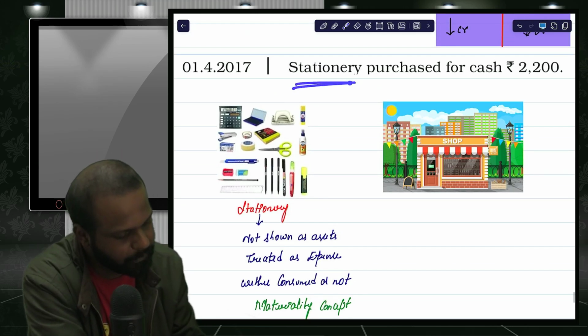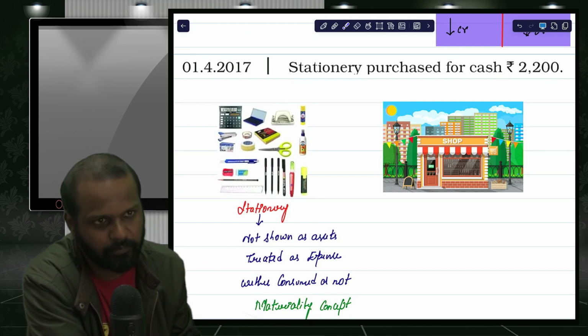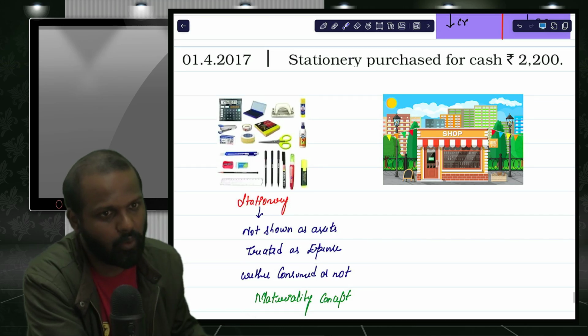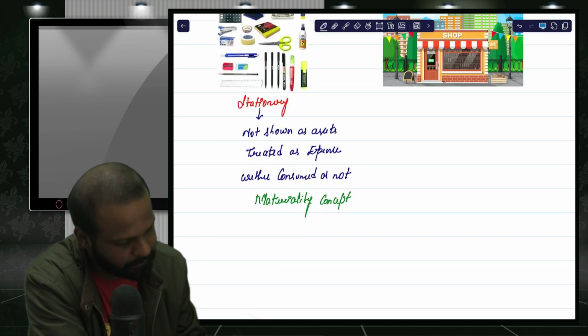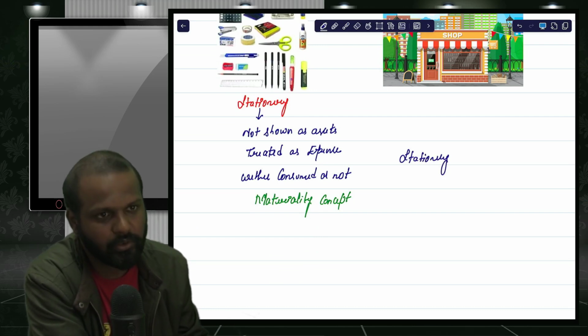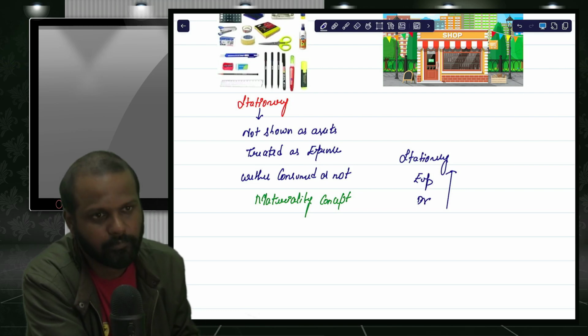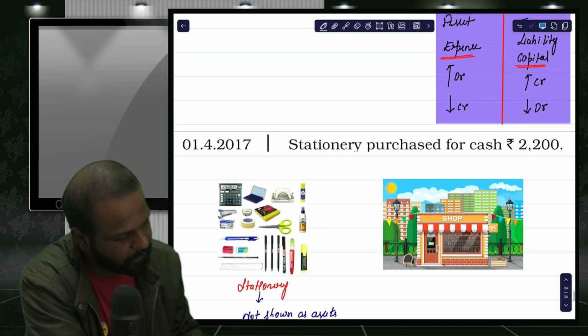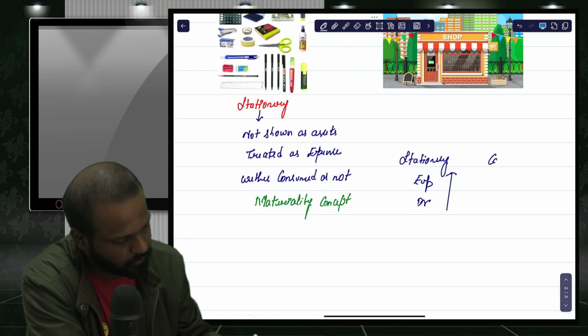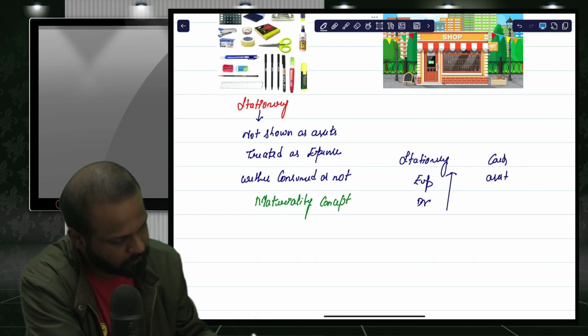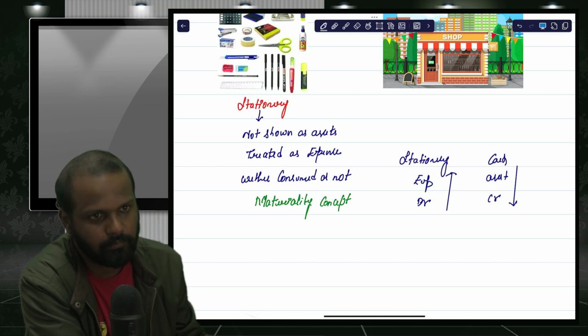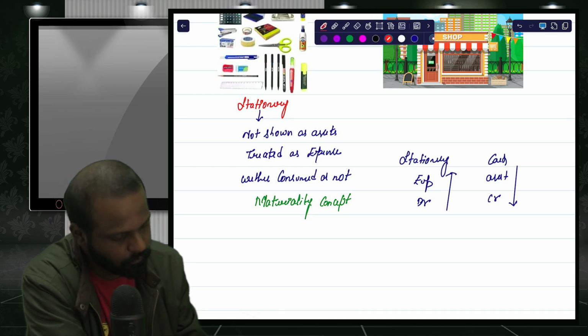So stationery purchased for cash, rupees 2,200. Stationery you need to record as an expense. First you record the expense in the name called stationery. So stationery account debit or stationery expense account debit. To create an expense, we do debit. And you purchased by paying cash. So cash is an asset. Asset decreases, we do credit.